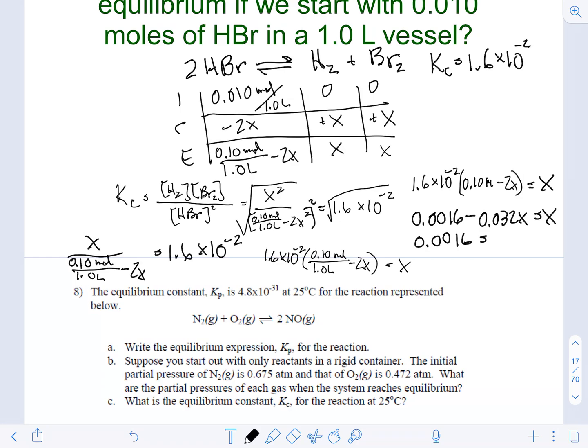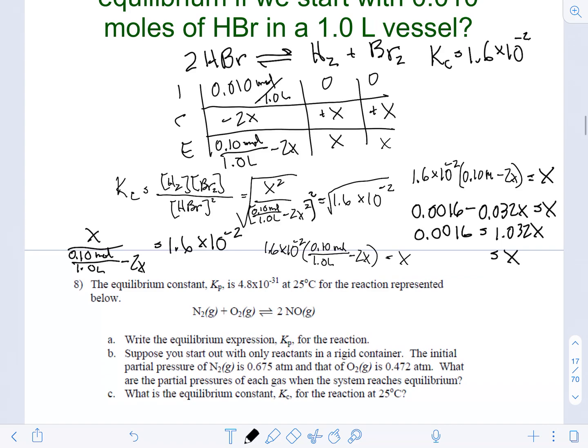So I'm going to move the x's to one side. And when I solve for x, it's going to be 0.0016 divided by 1.032, and that gives me 0.0016.